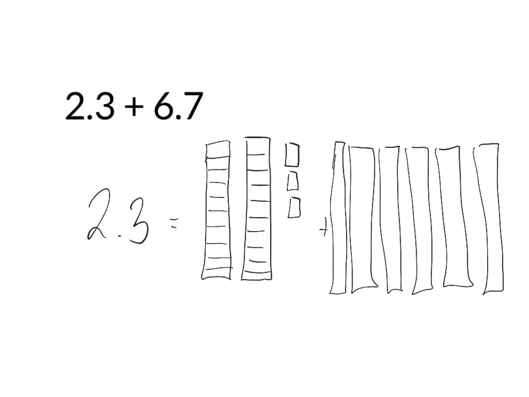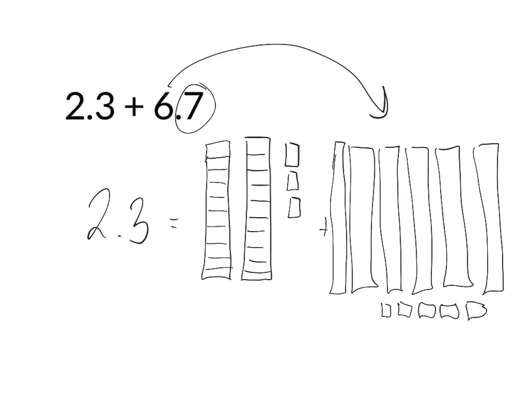How many tenths will I need? Anissa? So the 6 represents this. So now I need to represent the decimal 7. So I'll have to have how many single blocks? 7 single blocks. 1, 2, 3, 4, 5, 6, 7.